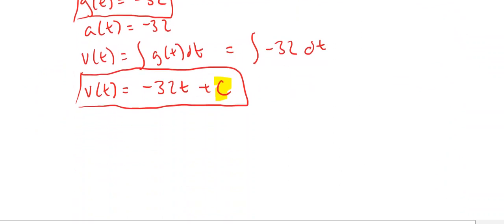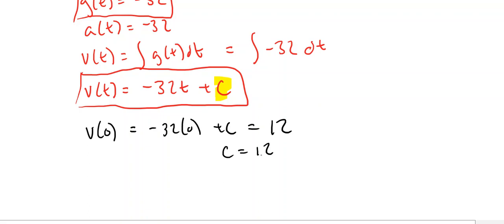That means at v of 0, at time 0, negative 32 times 0 plus c, the initial velocity was 12. So what we end up with is c is equal to 12.